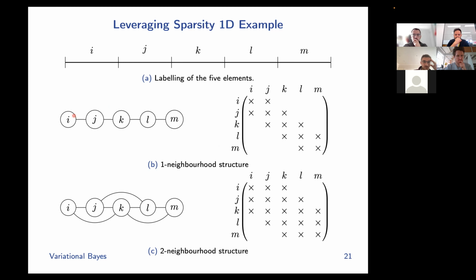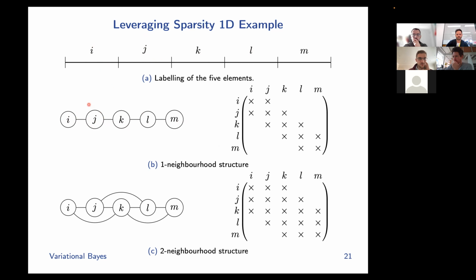If we represent each of the random variables corresponding to each element as nodes of a graph, i, j, k, l, m, then we can build the edges the way we want.